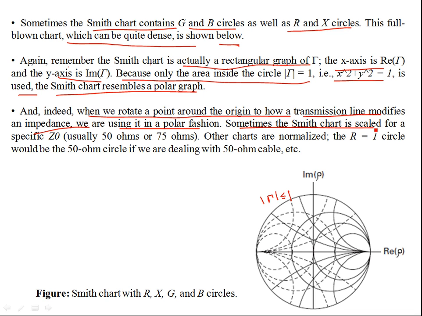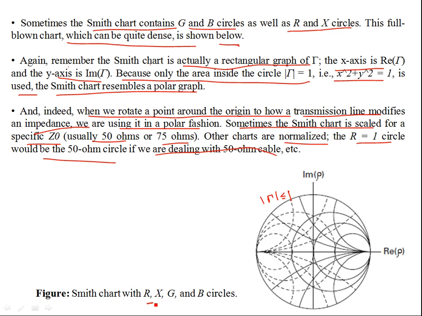Sometimes the Smith chart is scaled for a specific characteristic impedance of the transmission line, usually 50 or 75 ohms. So you normalize by the characteristic impedance. In other charts, the R equal to 1 circle would be the 50 ohm circle, if we are dealing with a 50 ohm cable. If it's 75, then R equal to 1 corresponds to 75 ohms.